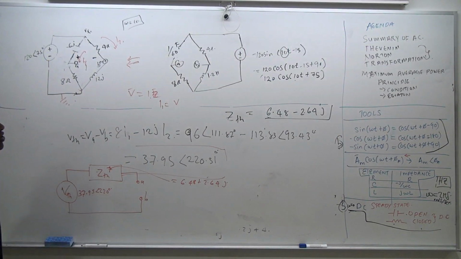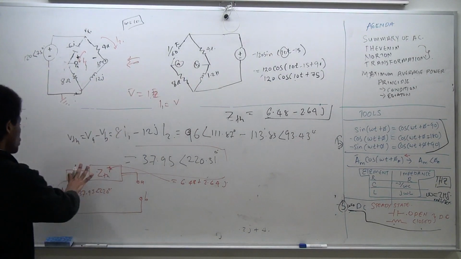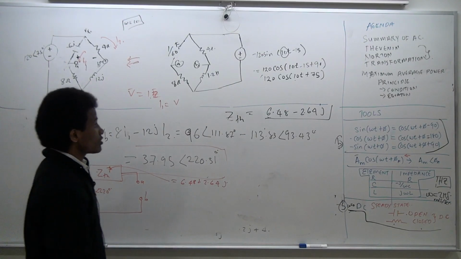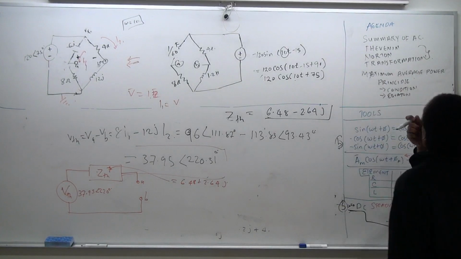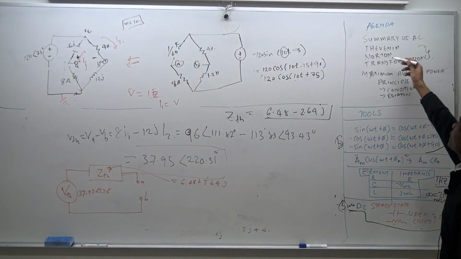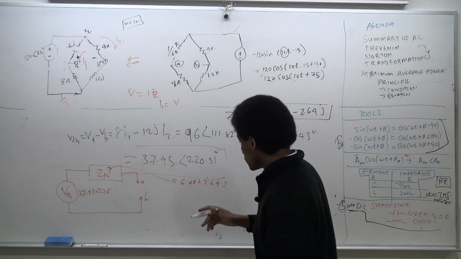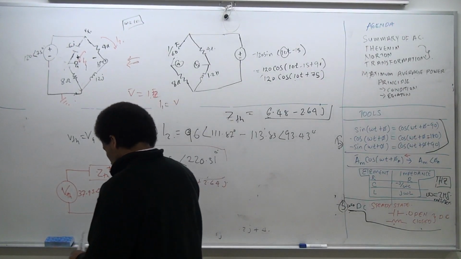This is our circuit. So we have actually reduced the problem into its Thevenin equivalency, as seen here in the circuit. Okay, makes sense. Now the next question is, can we find the Norton equivalency of this circuit? And that's not a complicated thing to do.